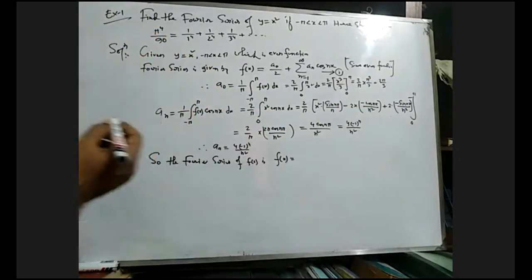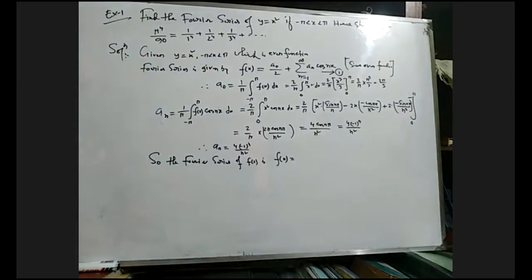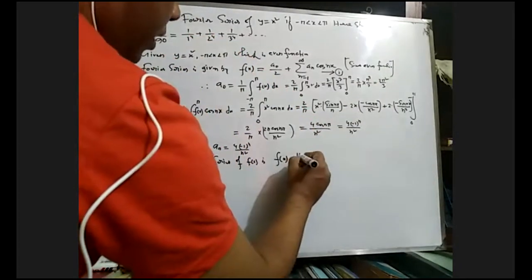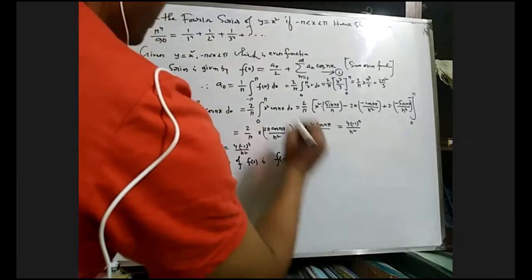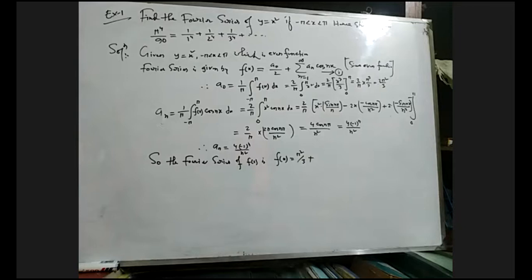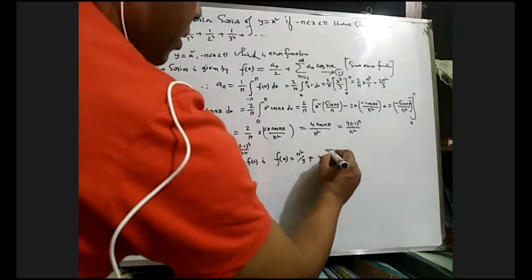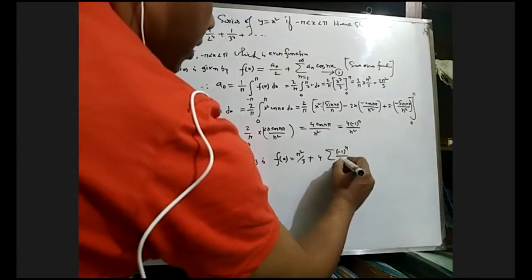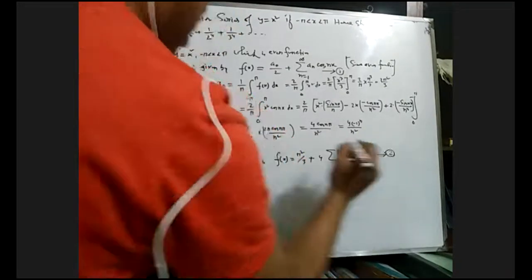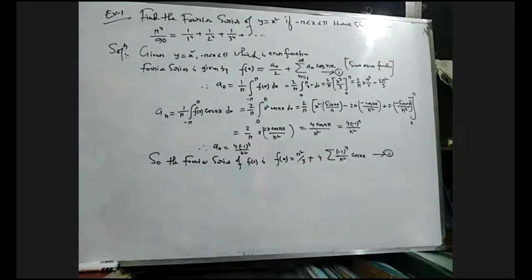That means 2 will be cancelled, so only we get pi square by 3 plus, just putting the value of a_n, we get 4 summation minus 1 to the power n by n square cos nx. This is formula 2. Just putting all the values of a_0 and a_n, that means cos coefficients, in equation 1.